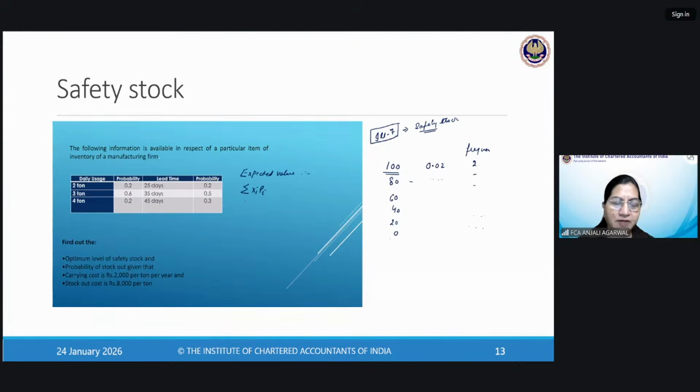So the expected or average usage would be 2 tons into 0.2 plus 3 tons into 0.6 plus 4 tons into 0.2.